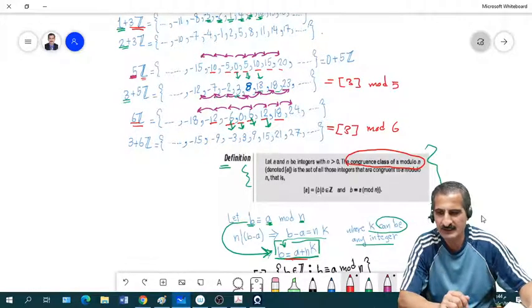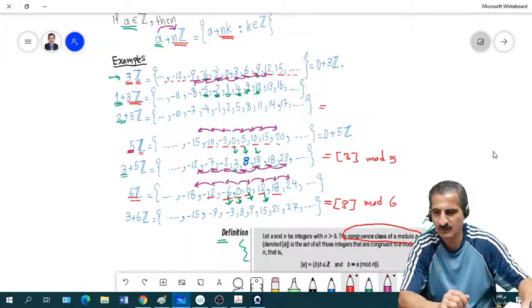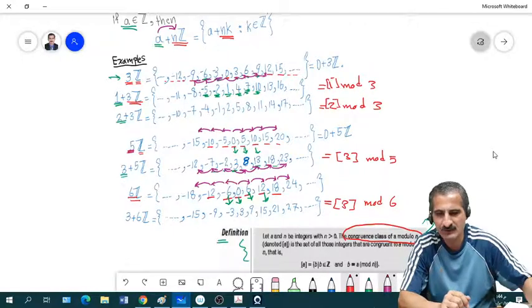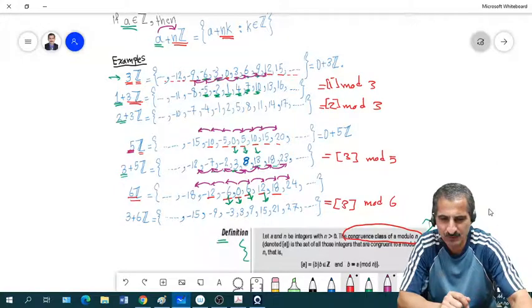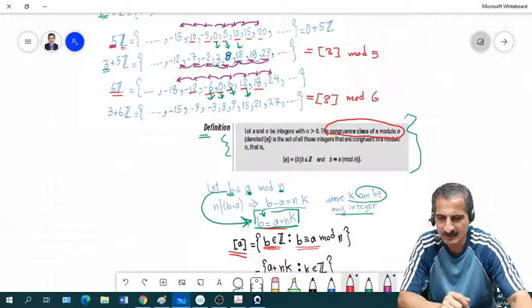And this is the equivalence class of 2 modulo what? Modulo 3. And this is the equivalence class of 1 modulo 3. So it is the equivalence class. Okay, now let's go back down to the definition of the equivalence class and see more examples.